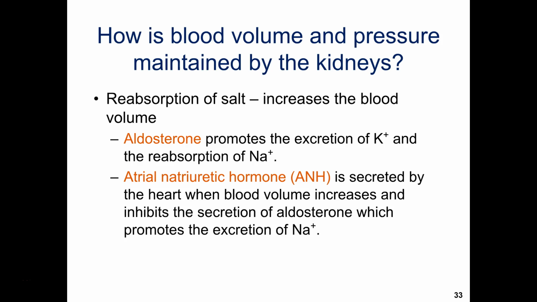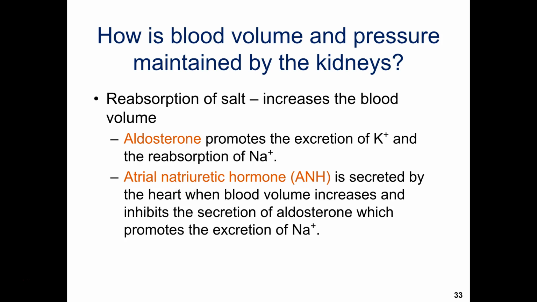So how are blood volume and blood pressure maintained by the kidneys? Well, it helps you to reabsorb salt, which increases blood volume, via these chemicals. So you have aldosterone, which is helping you to get rid of potassium and hold on to sodium, and ANH, or atrial natriuretic hormone. Okay, I prefer to call it just ANH.